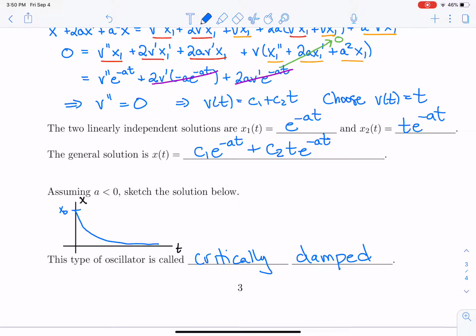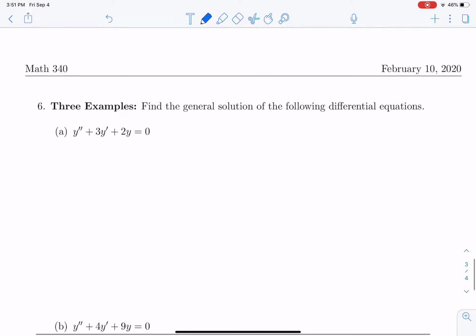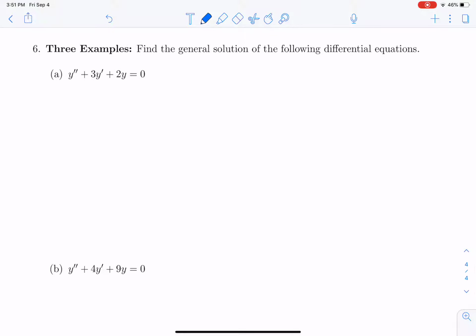So let's look at 3 example problems. And I want to show you how quickly and easily you can solve these problems. Now, I've been doing x of t this whole time, but my examples here are actually in y of t, and that is okay.